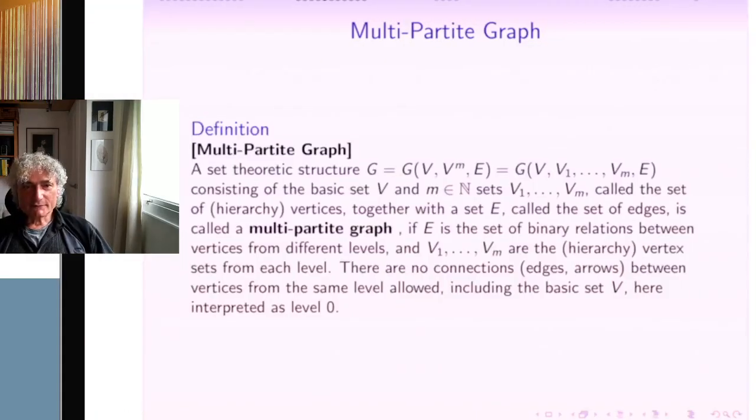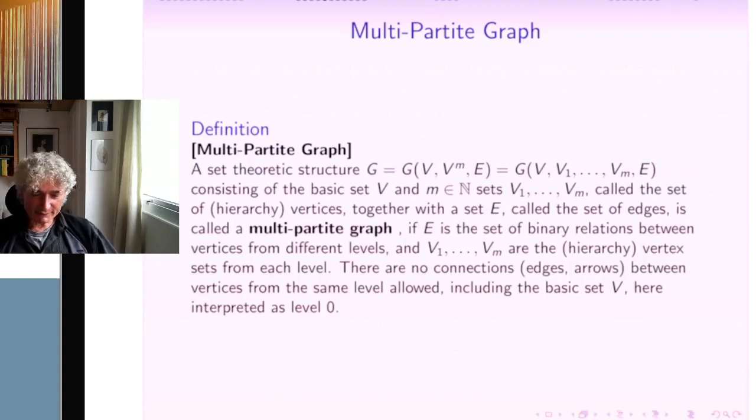Okay, so as I already claimed, if you have a hierarchical hypergraph, it can of course not be equivalent to a bipartite graph, but here now you have to introduce so-called multipartite graphs. So what is a multipartite graph?